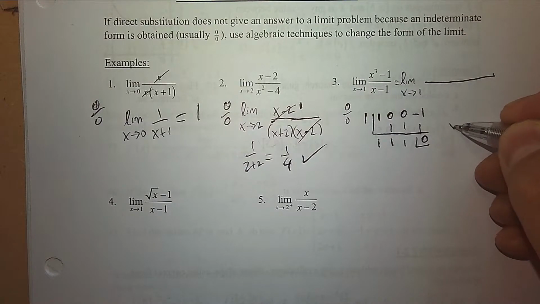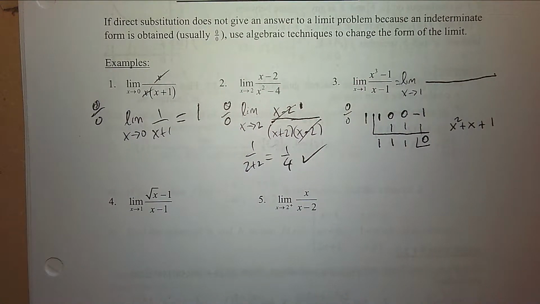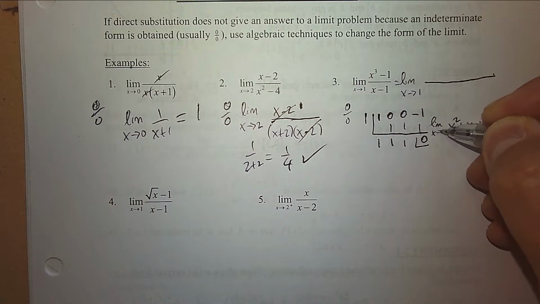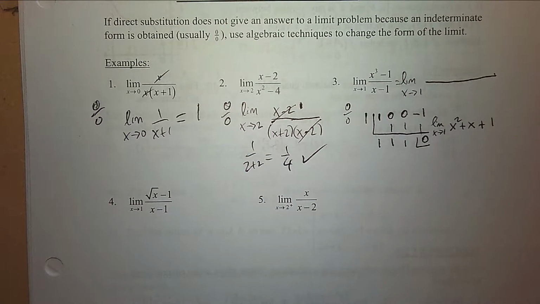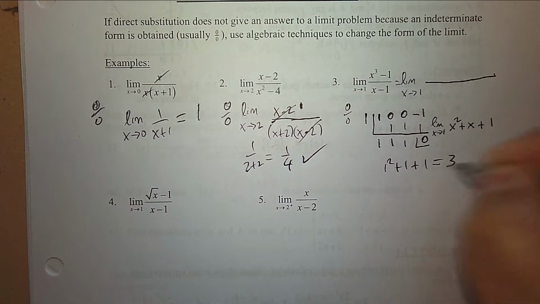Just x squared plus x plus 1, correct? We now can do that limit as x approaches 1. Now what would you do? You plug in 1 for x, and what's the limit?